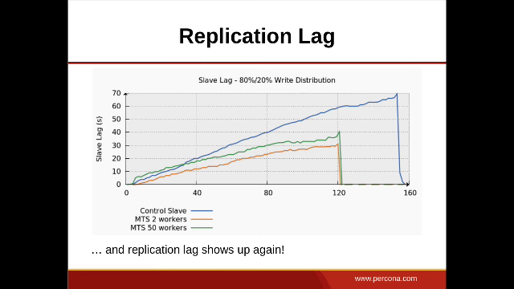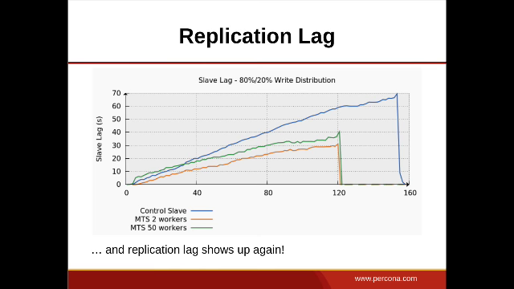So the main conclusion of that part is, as expected, that your mileage may vary, but the closer you are to a fair distribution, that means equal write distribution across all your databases, the more efficient multi-threaded replication will be. And of course, I think I could have done a test with, let's say, one database receiving 99% of the writes. In this case, of course, you will be very close to single-threaded replication.